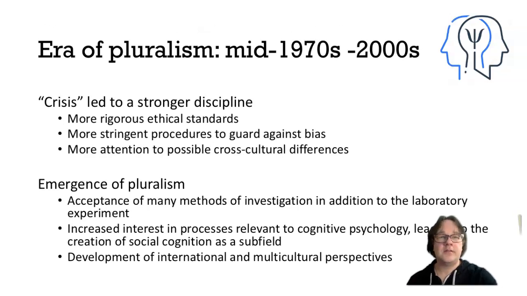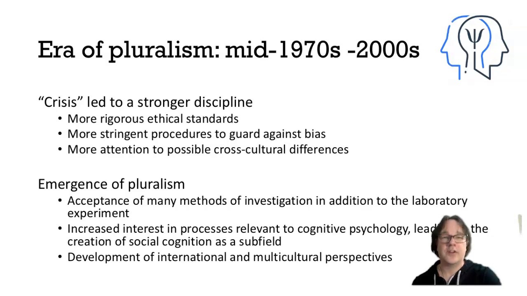So from the mid 70s to basically where we are now, we say we're in the age of pluralism. This crisis that we had actually led to a stronger discipline. We have much more rigorous ethical standards. So some of those earlier research studies, some of the ones that are really kind of cool, really kind of interesting, we wouldn't be able to do them now, because they used deception, they used techniques that might have been harmful to their participants.